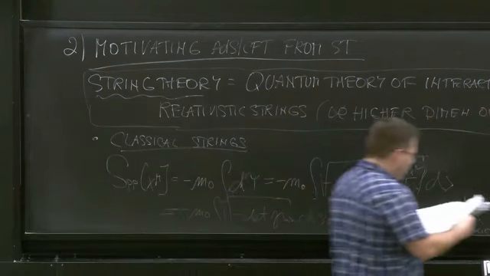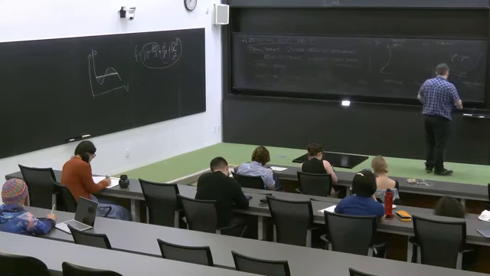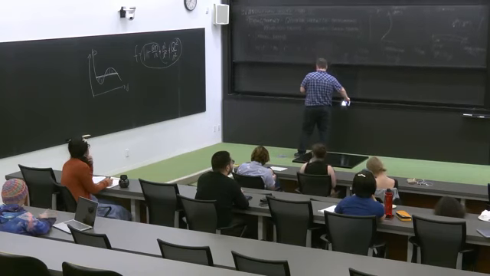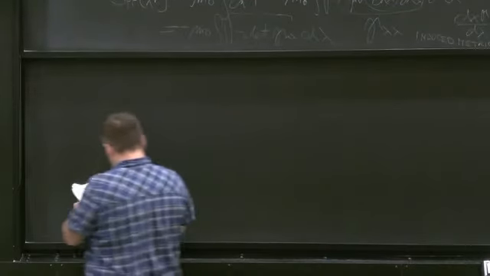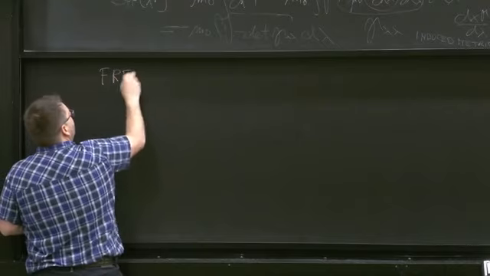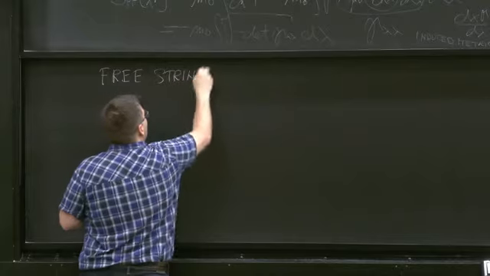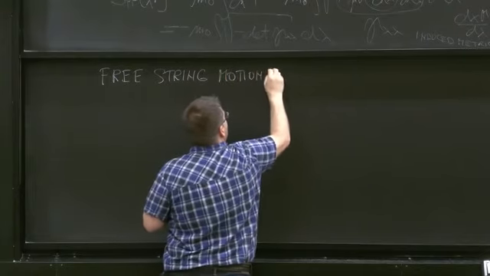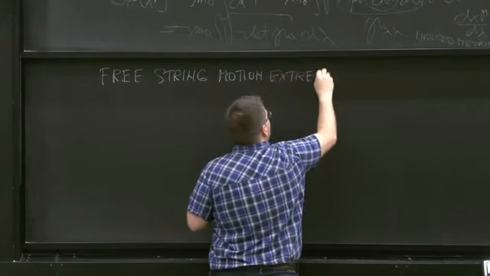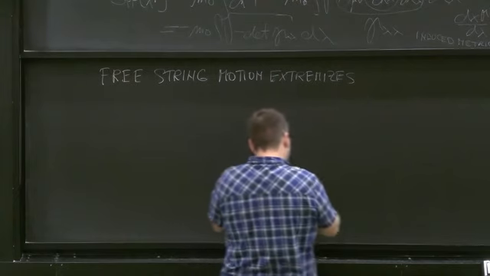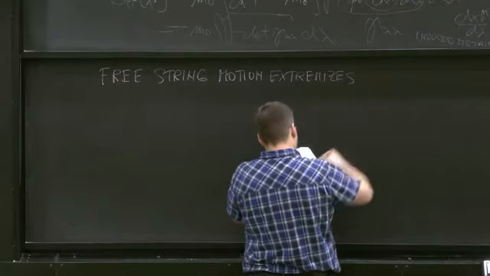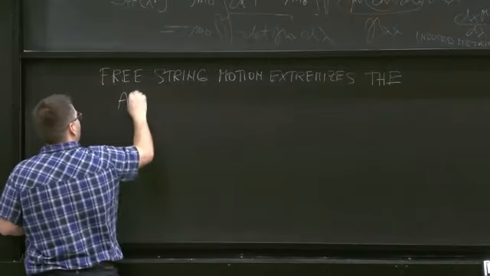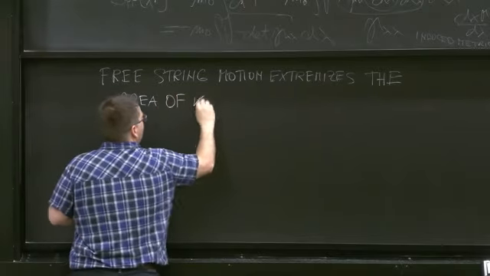The corresponding action is called the Nambu-Goto action for the string, and so we say that a free string motion extremizes the area of the worldsheet.